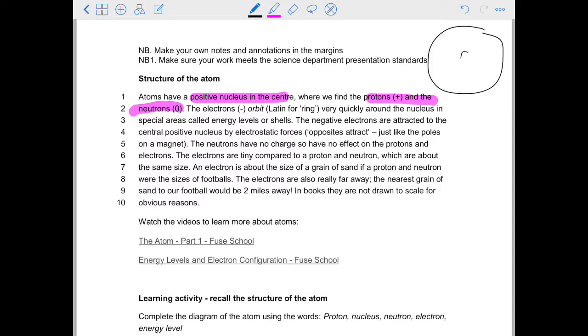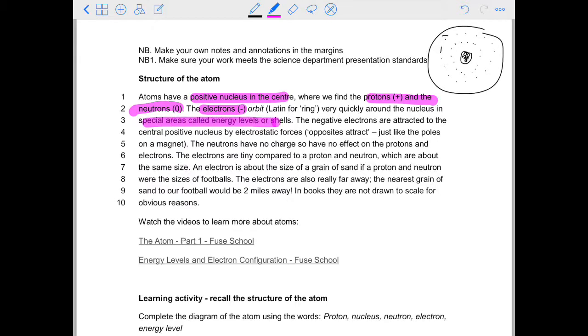So in our atom, in the middle, we have our nucleus, which is filled with protons and neutrons. The electrons, which are, again, remember, negatively charged, orbit or go around the nucleus at a specific height, at a specific energy level.